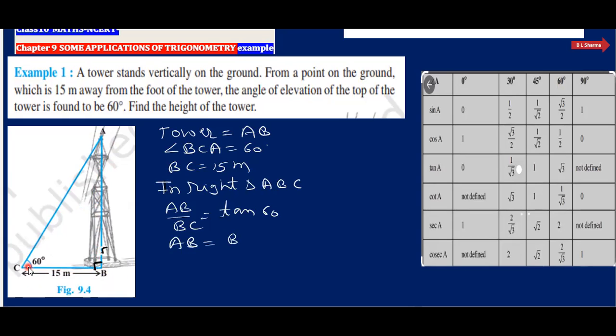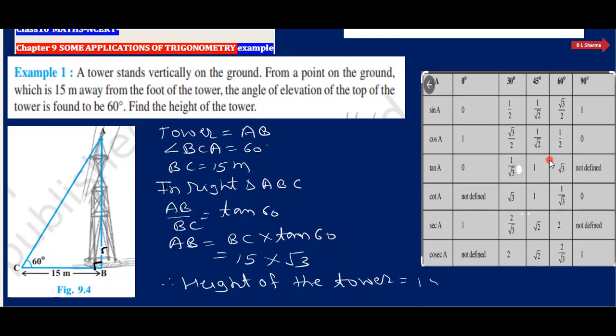So AB is equal to BC into tan 60 degree. BC is given 15 meter and the value of tan 60 degree is root 3. So we can write root 3. Therefore, the height of the tower is 15 root 3 meter. So this is the answer of this question.